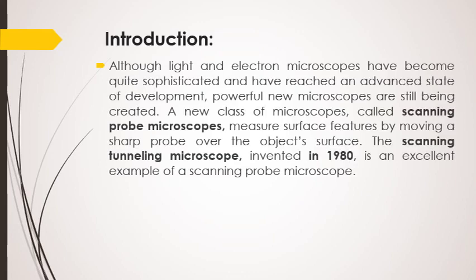As you know, the light and electron microscopy have become quite sophisticated and very advanced forms of microscope. Although the electron microscope is the most powerful microscope in this world, in addition to this, a new class of microscope called scanning probe microscope measures surface features by moving a sharp probe over the object surface.